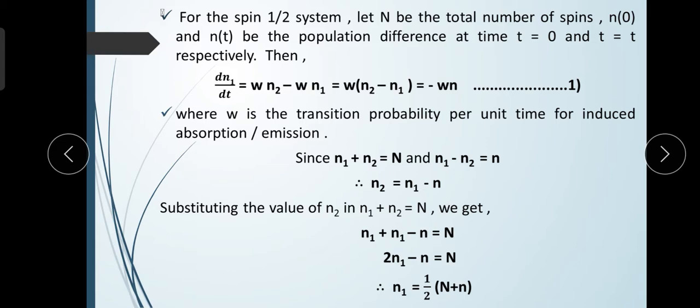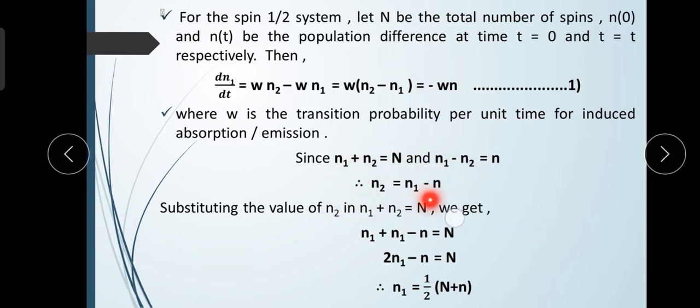Since N1 plus N2 is equal to N and N1 minus N2 is equal to n, here we have considered this quantity as small n, and we know that the total number of spins is constant and is denoted by capital N, that is N1 plus N2 is equal to N. From this we can calculate the value of N2, that is N2 is equal to N1 minus n.